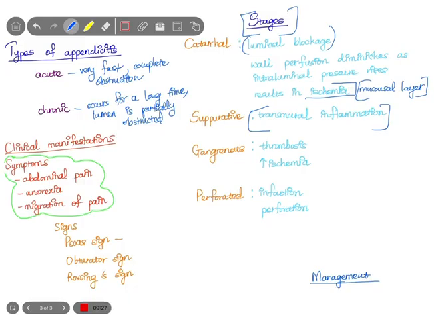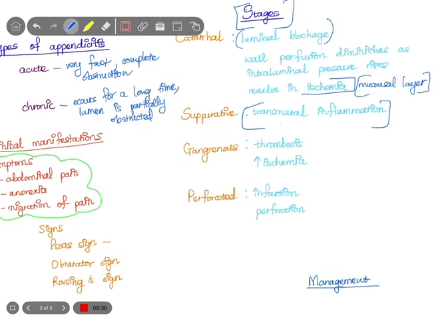It's also called periappendicitis because it also affects the structures that surround the appendix. So this one affects multiple layers and could penetrate even into the surrounding structures.